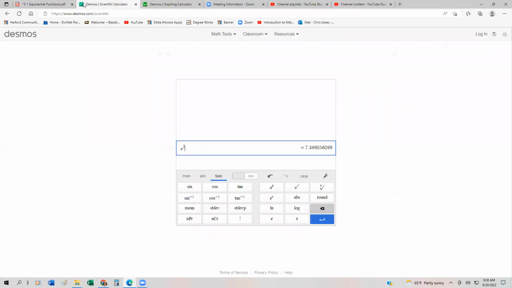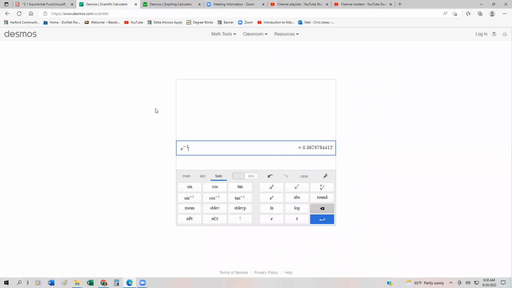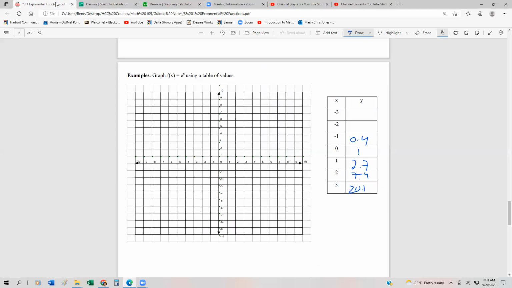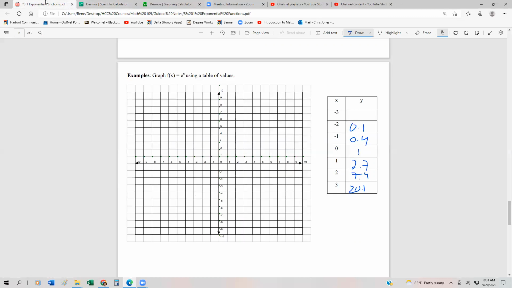And then -1, that's going to be about 0.4. And then -2, that's about 0.1. And then finally -3, that's 0.05.